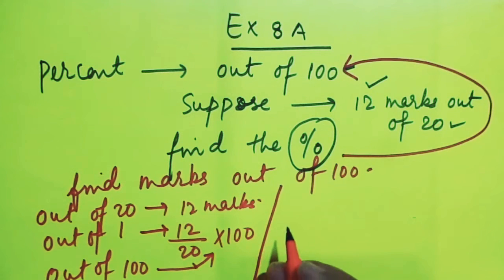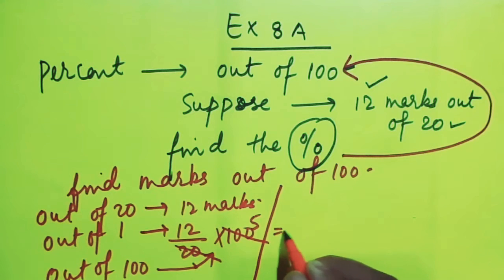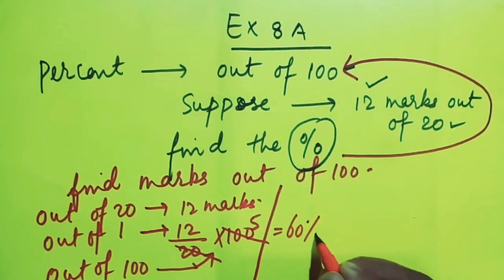This means that if I solve this out, what will I get? 25 times 12 by 20, means I get 60 percentage. I have secured 60%.